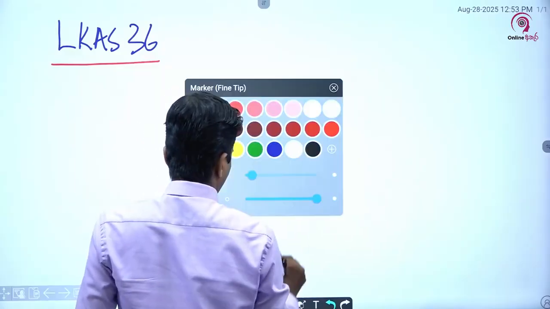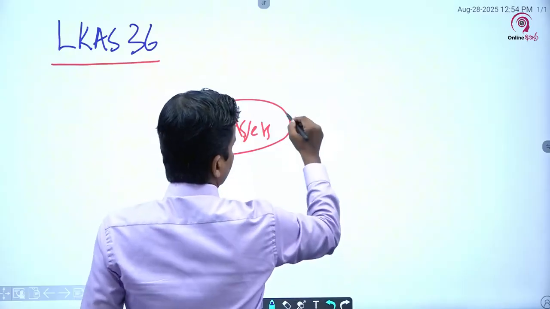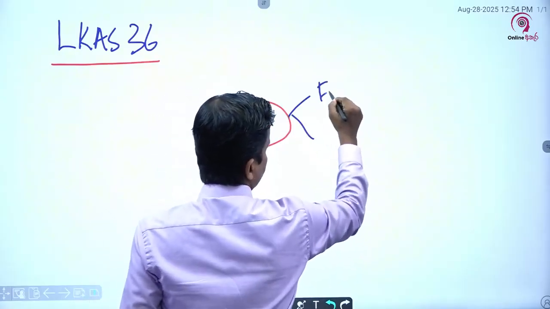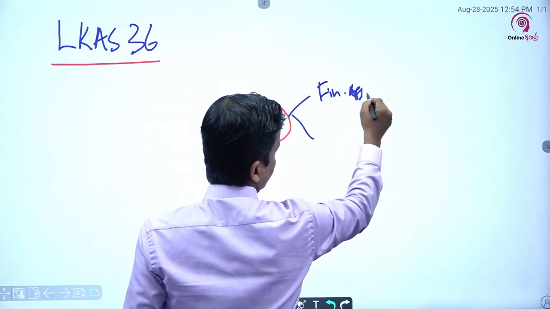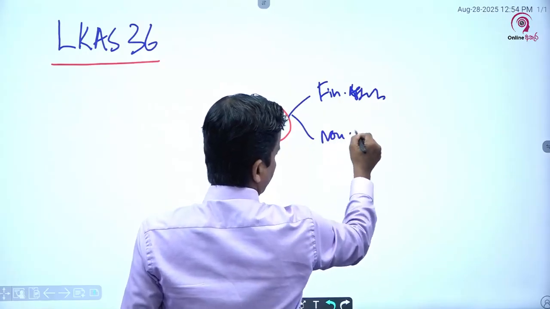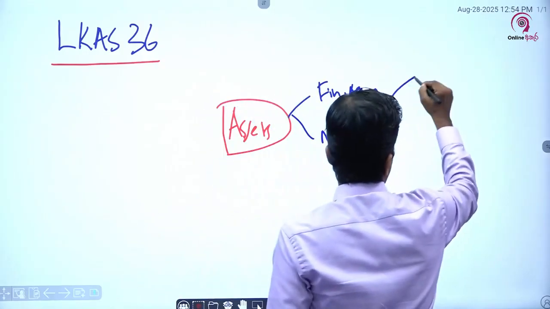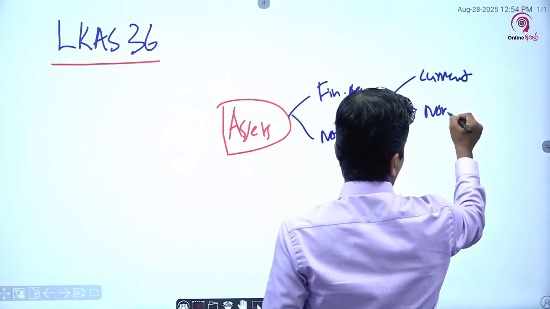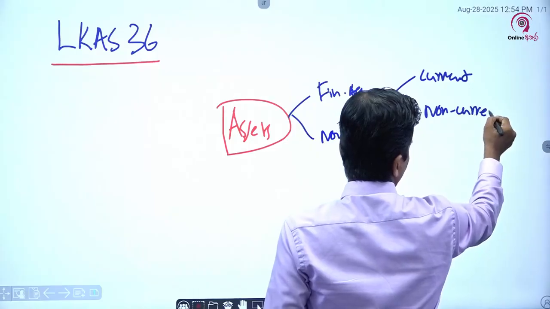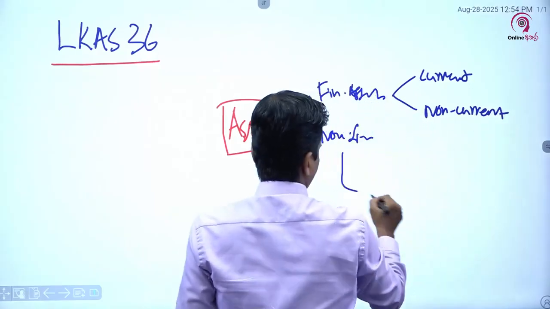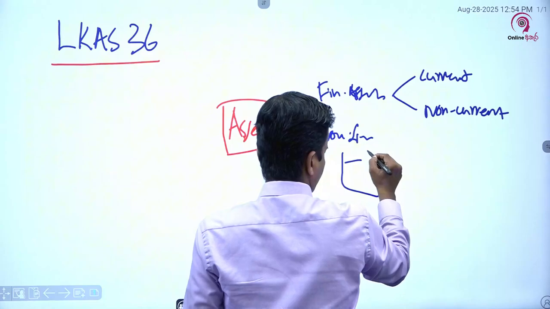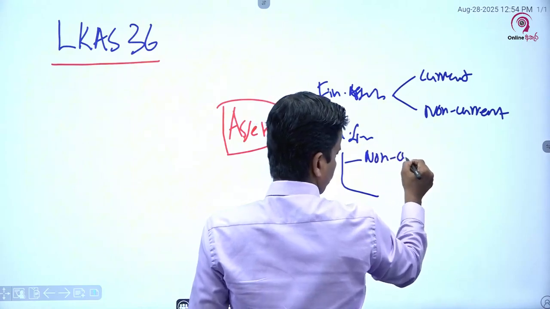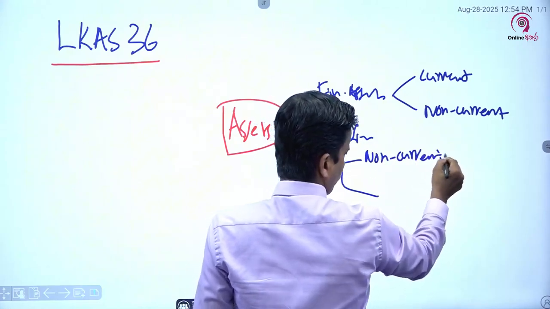So assets, you have, let's say, financial assets, non-financial assets. Okay, financial assets, you have current, you have non-current, right? Likewise, non-financial assets, you have non-current, you have current.